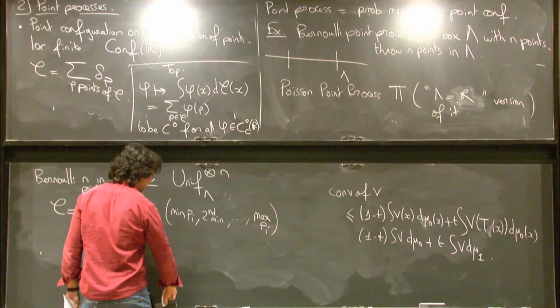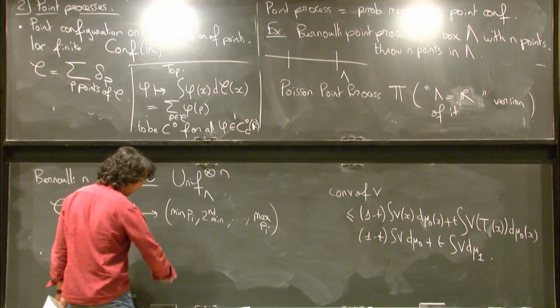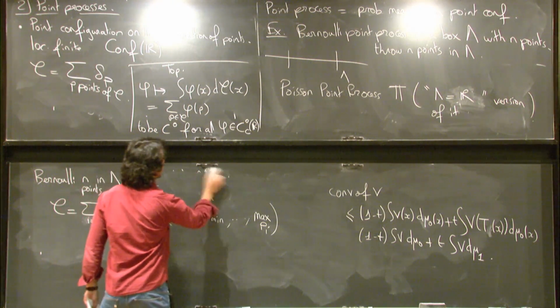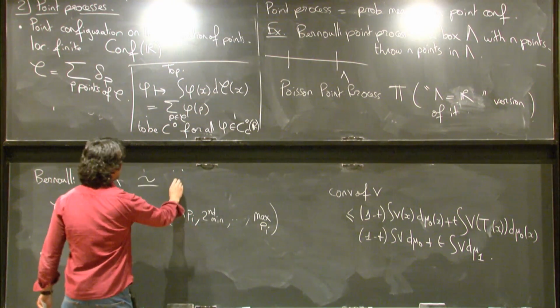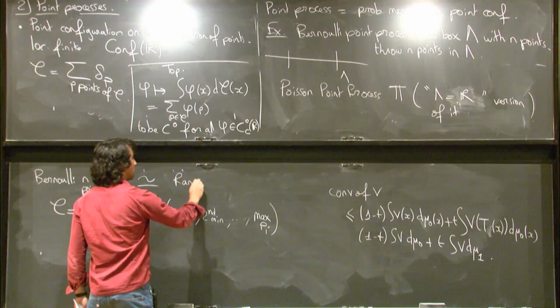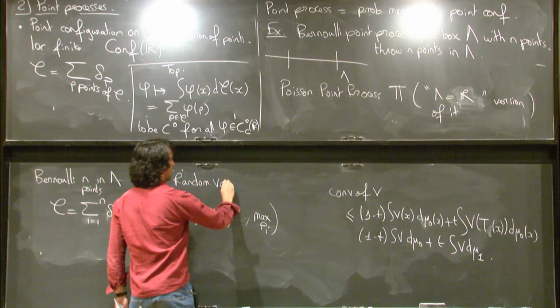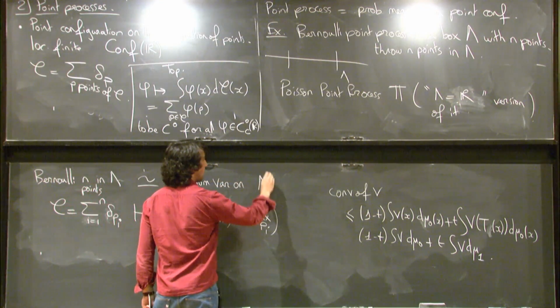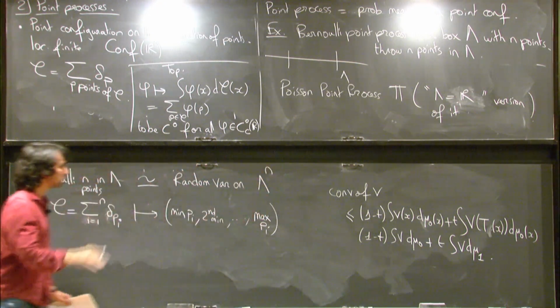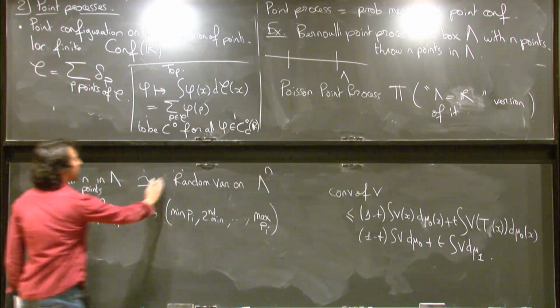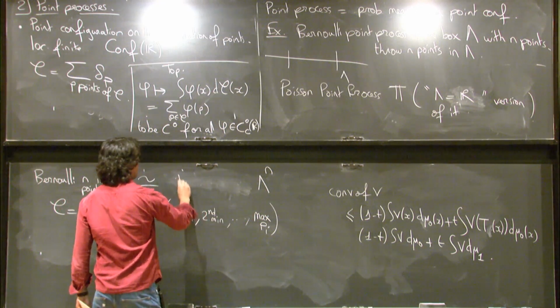So that's not really the uniform measure. I'm sorry about that. But certainly, that gives you a random variable on lambda to the n. Or if you want it more precise, it's a probability measure.